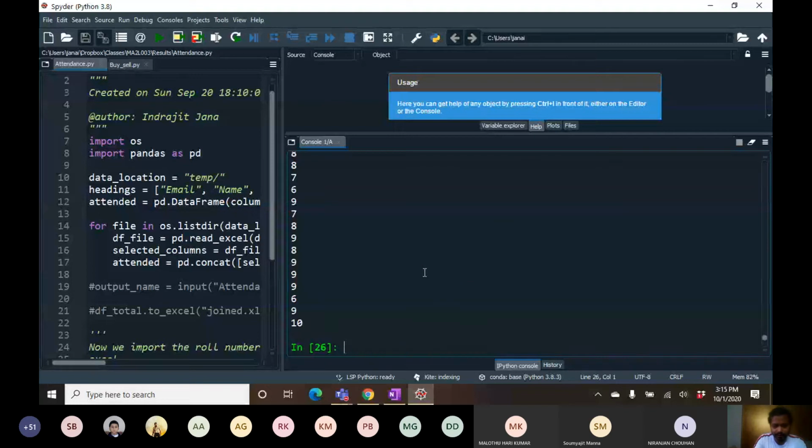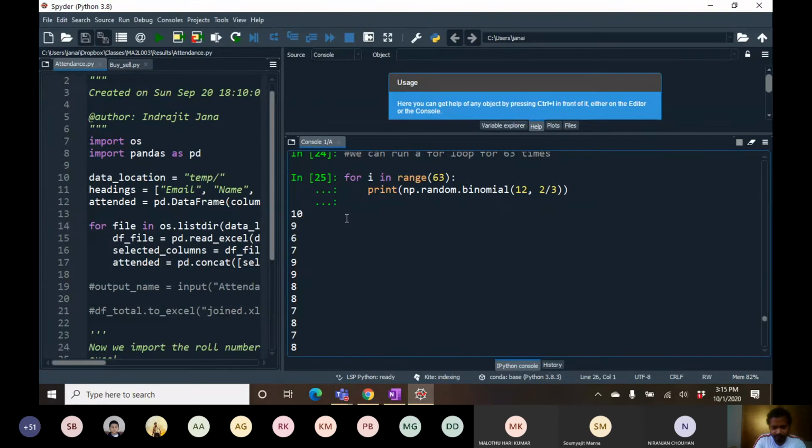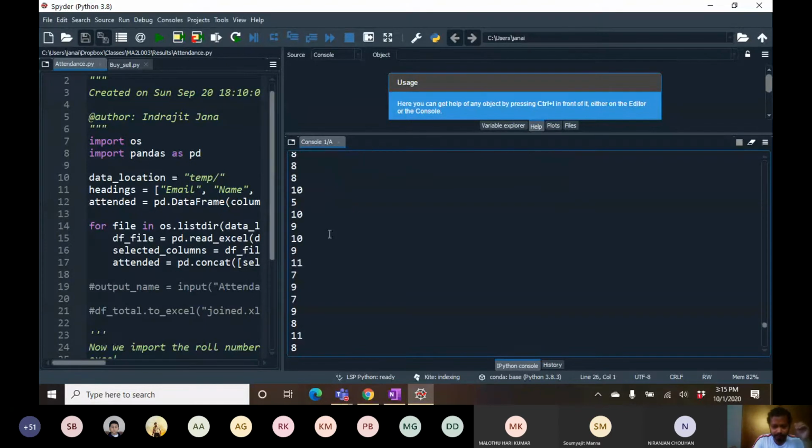Let's see. So it gives me 63 outputs, as if all 63 students are tossing the coin 12 times, and everyone is reporting to me the number of heads. So it gave me 63 outputs.